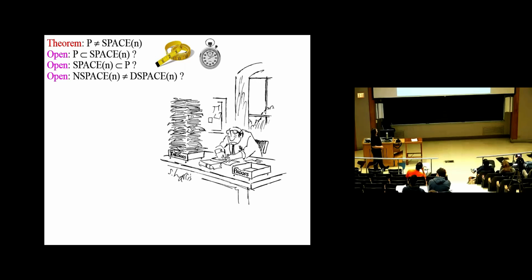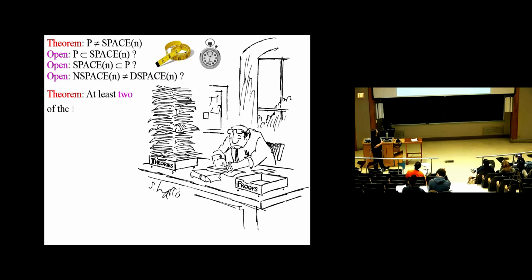So we know they're not the same, but we don't know which is contained in which. And in fact, it could be that neither is contained in the other. It could be that they're not the same, and each one has stuff that's not in the other. That could be too. We don't know that either, actually. So that's an odd result; you can look it up for extra credit and track this interesting, weird result. And we don't know if non-deterministic linear space is equal to deterministic linear space.